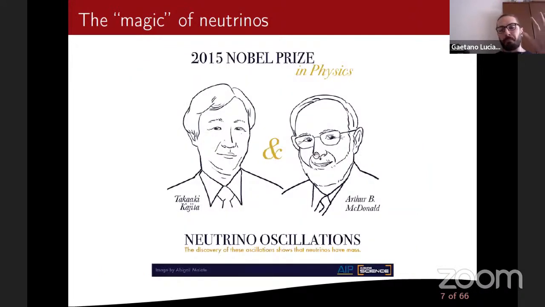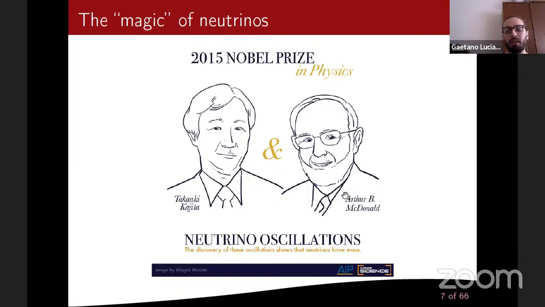Just to stress the importance of this phenomenon, quite recently in 2015, Professor Kajita and Professor McDonald were awarded the Nobel Prize for the discovery of neutrino oscillations. In particular, Kajita was responsible for the Super Kamiokande experiment in Japan about oscillation of atmospheric neutrinos, while McDonald was responsible for the SNO experiment, the Solar Neutrino Observatory experiment in Canada.